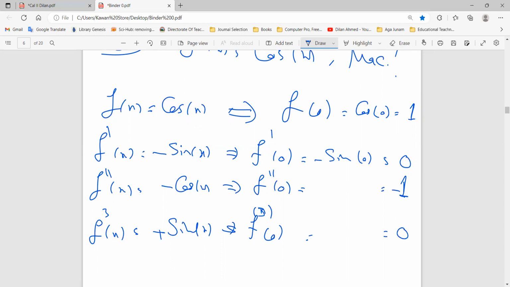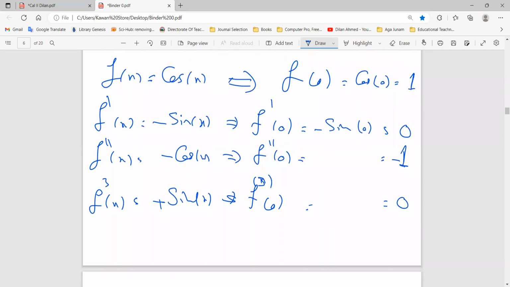Do you get anything or we should continue? So you'll get what after that one? So it oscillates between 1, 0, minus 1, 0, 1. So good.